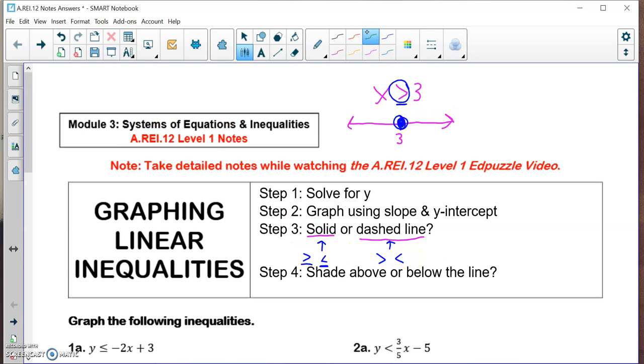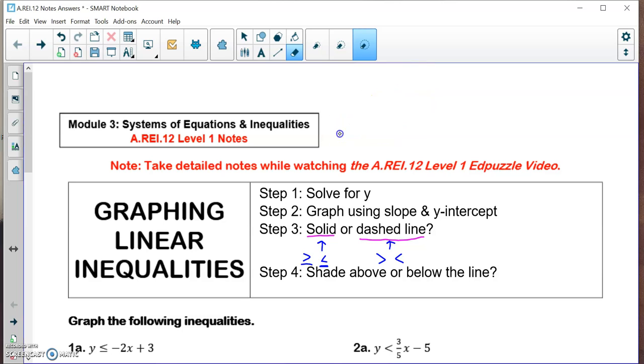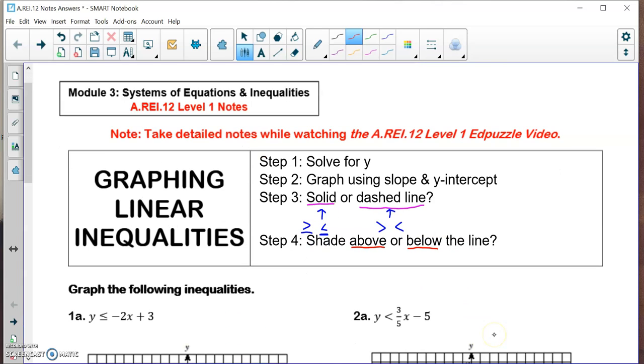And then when we were doing number lines, we shaded part of our number line. We're going to do the same exact thing on a graph. We're going to shade part of our graph, so we're either going to shade above or below our line. There are many ways that you can determine which way to shade.